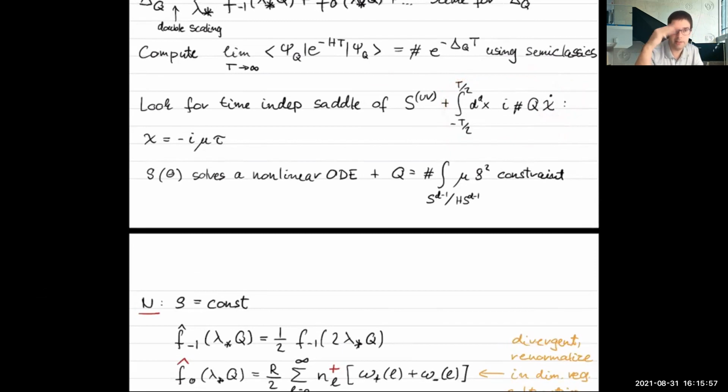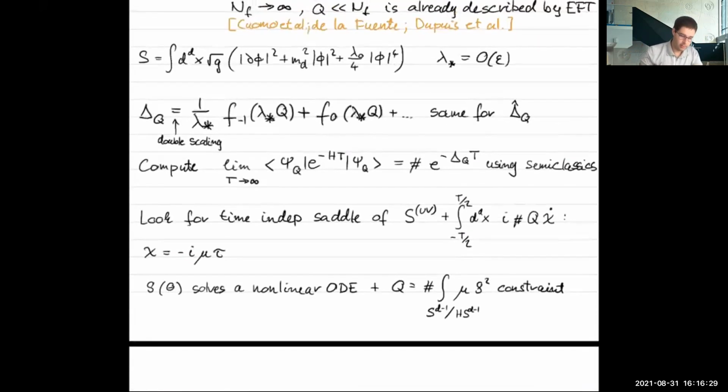If you integrate it in time, then you get the boundary value of chi at minus capital T over 2 and plus capital T over 2 times Q, and this imposes that you are in the charge Q sector, and we want the saddle point to be this. The i factor just comes from the fact that we are working in Euclidean.